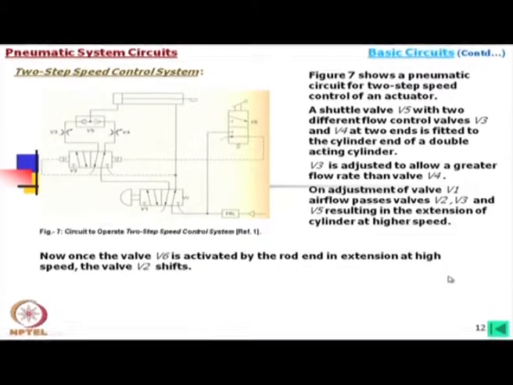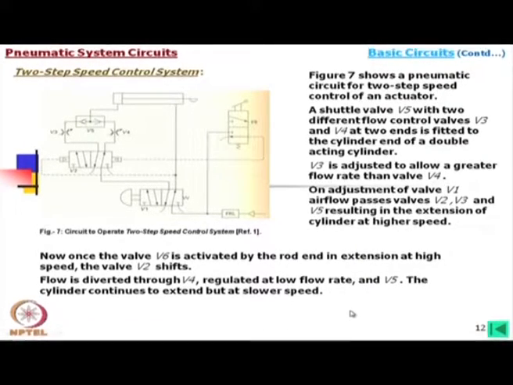Now, once the valve V6 is activated by the rod end in extension at high speed, the valve V2 shifts, because a signal is coming from the pilot here, and then flow is diverted through V4, regulated at low flow rate, and then through V5 the cylinder continues to extend, but at slower speed.